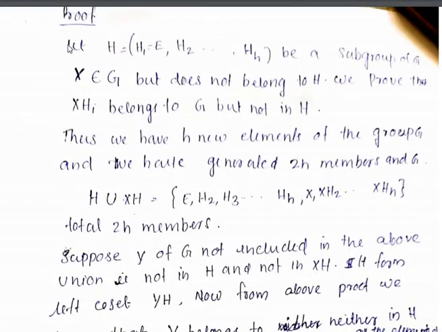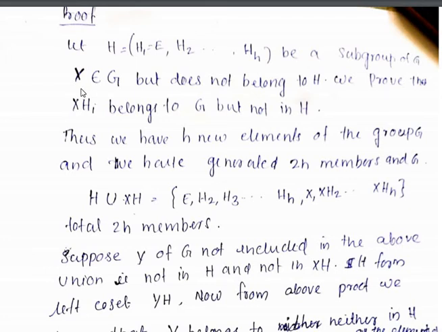So let us check its proof. Let us prove Lagrange's theorem. Let H be equal to H1, H2, etc. Hh be a subgroup of G and its order is h.